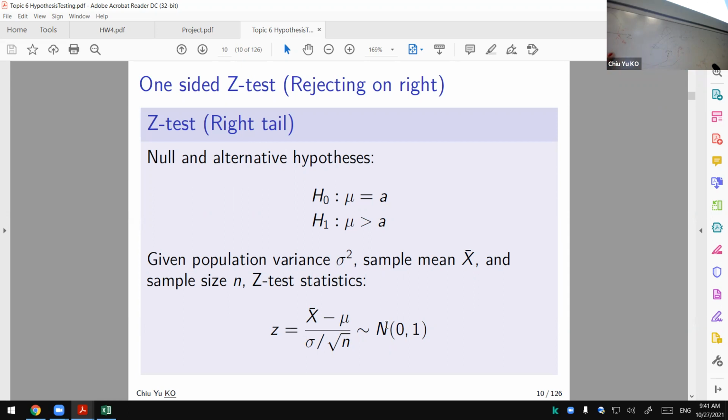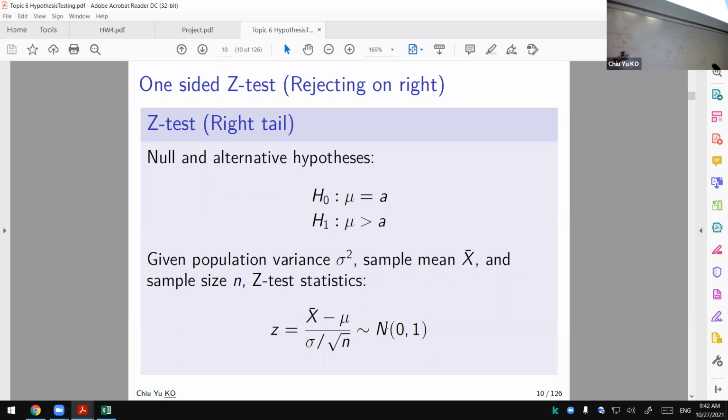Z alpha in Excel is just NORM.S.INV of 1 minus alpha. So that is this number. If your data is somewhere here, the transformed one will also be here, because the relative position remains unchanged.